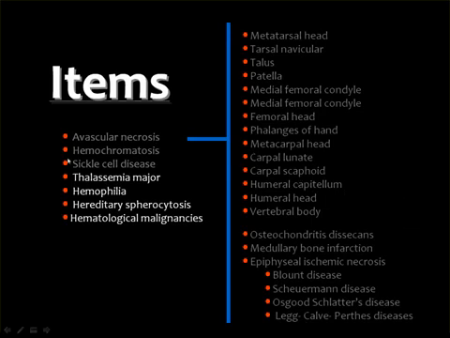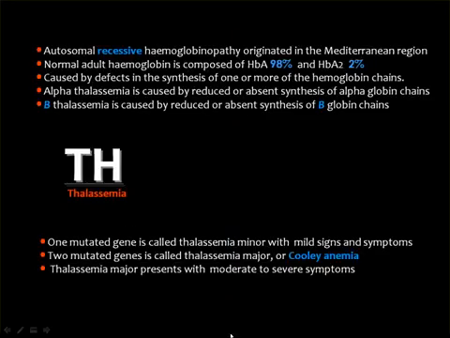Also, we have discussed the hemochromatosis and sickle cell disease. Now, in this second part, we are going to discuss the thalassemia major, the hemophilia, hereditary spherocytosis, and the hematologic malignancies, including lymphoma, leukemia, and myeloma.